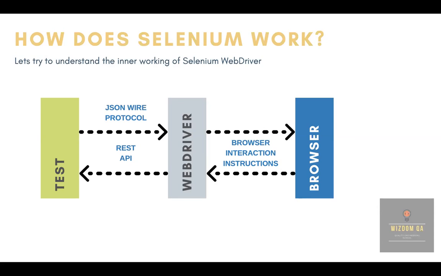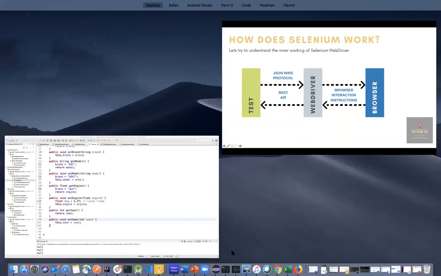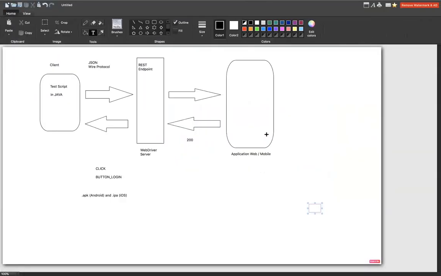What does that mean? Let me try to put this to you in a proper way. I was actually explaining this to somebody a few days back. So what exactly is a REST endpoint?